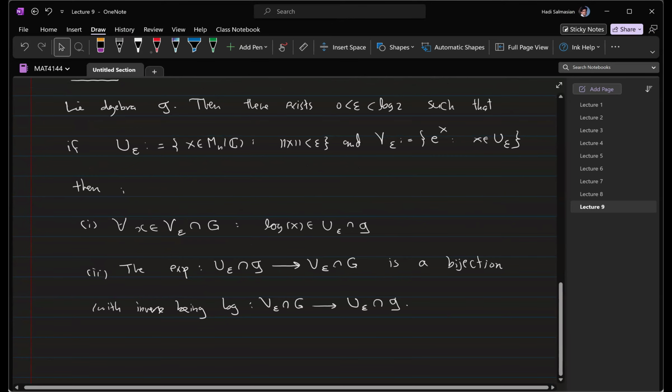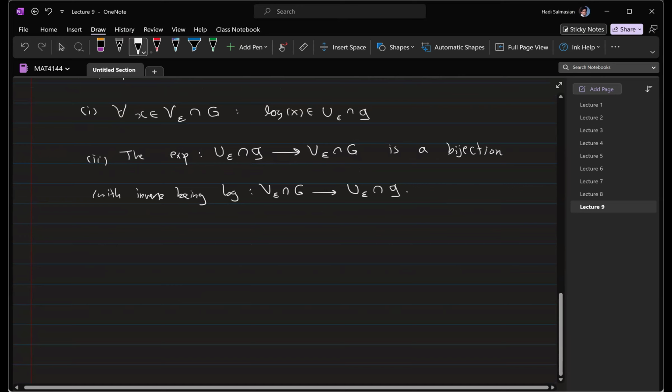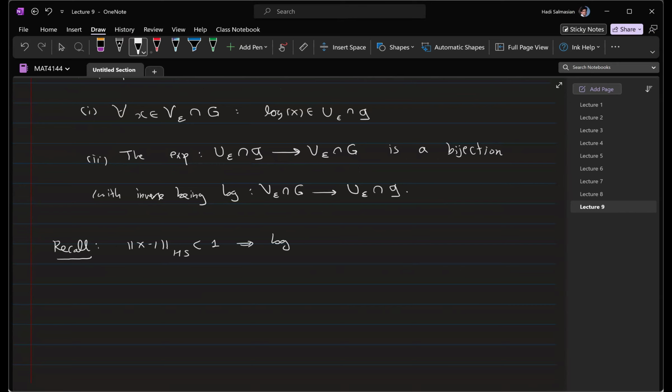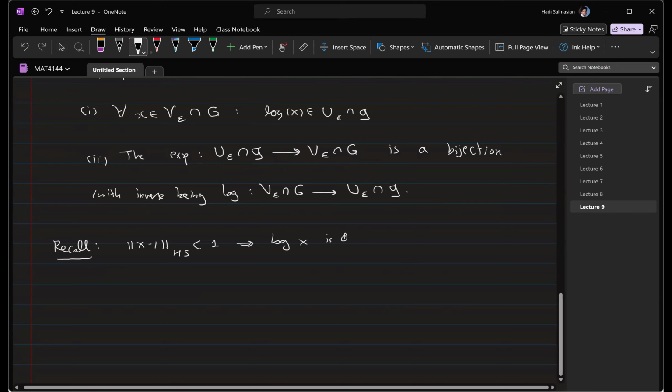So we had these facts. Maybe I should first recall some facts. If the Hilbert-Schmidt norm of X minus 1 is less than 1, then log x is defined, and we know e to the log x equals x.